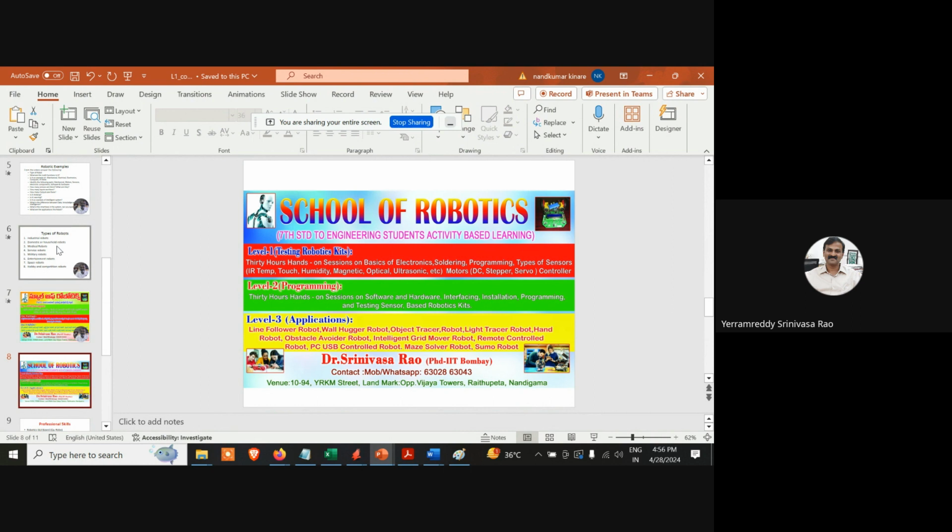Level 2 is some programming skills. We are starting with user-based graphics, user-based programming, and various levels of programming, and then applications of those small tiny robots.